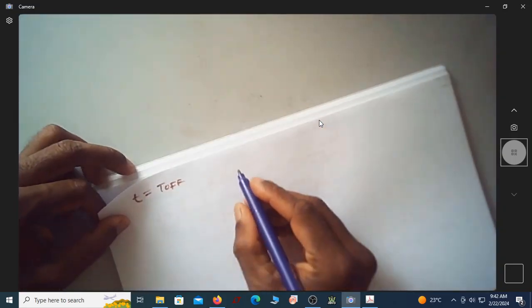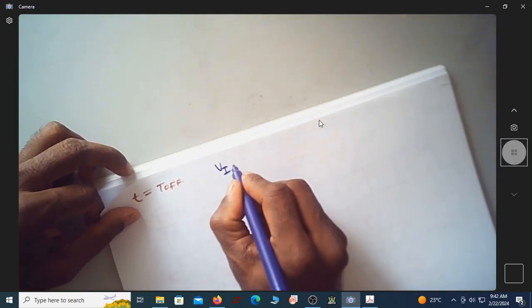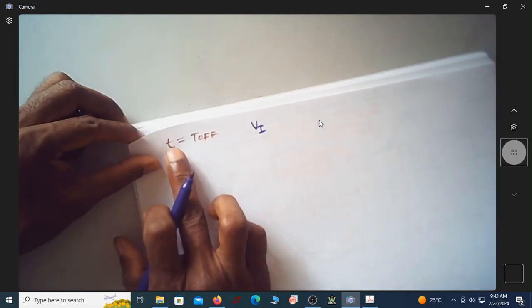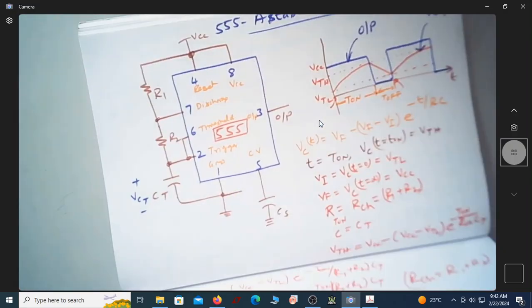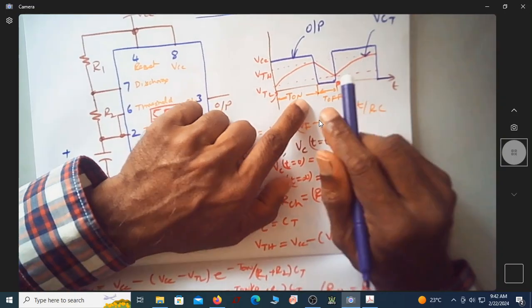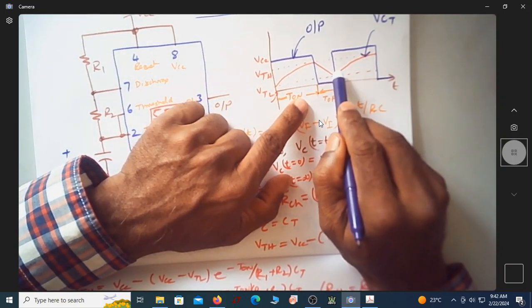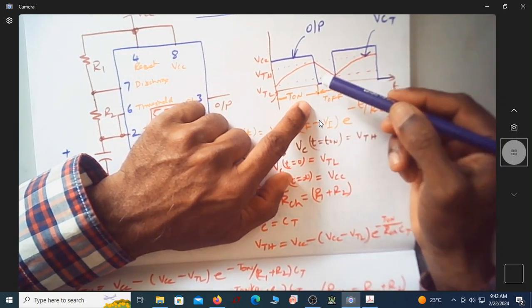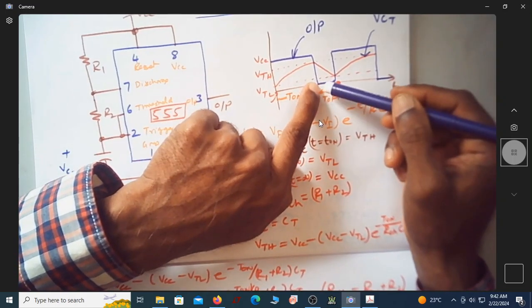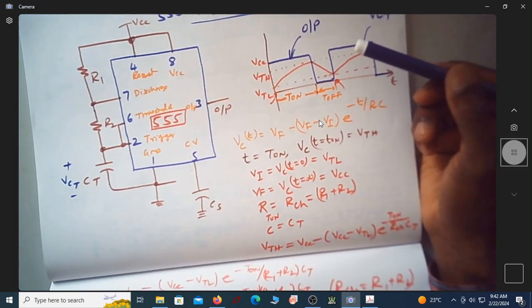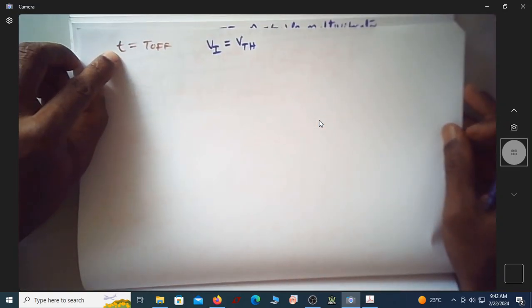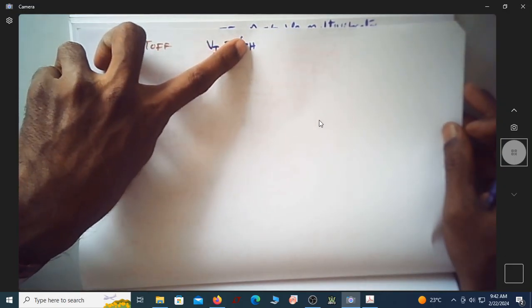So the initial voltage when you are finding the off time is VTH. This is your off time. During off time, when t is 0, what is the initial voltage? It is VTH. So that's why the initial voltage for finding the T off expression is VTH.